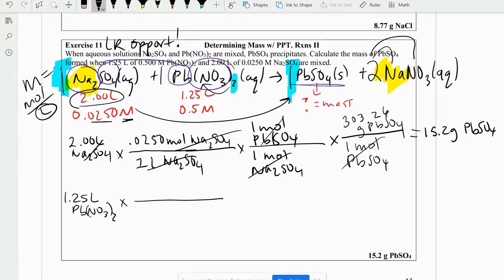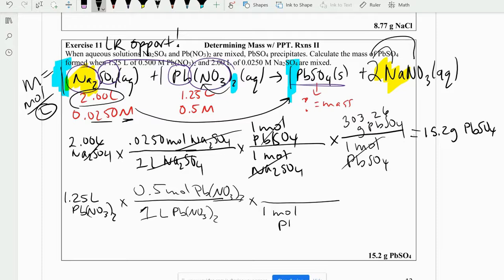The molarity given to us was 0.5, and what that means is that for every 1 liter of lead nitrate there are going to be 0.5 moles of lead nitrate. And we use mole-to-mole ratios to make the jump from the reactant to the product that we're interested in. Again, it's a 1-to-1 ratio, as you can see from the coefficients in the balanced chemical equation.